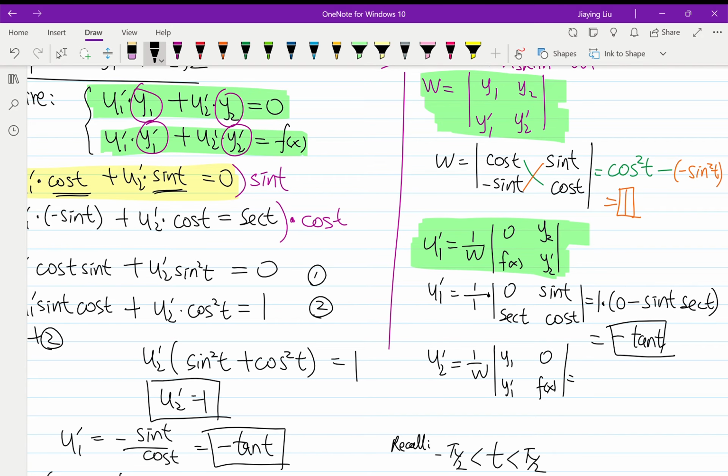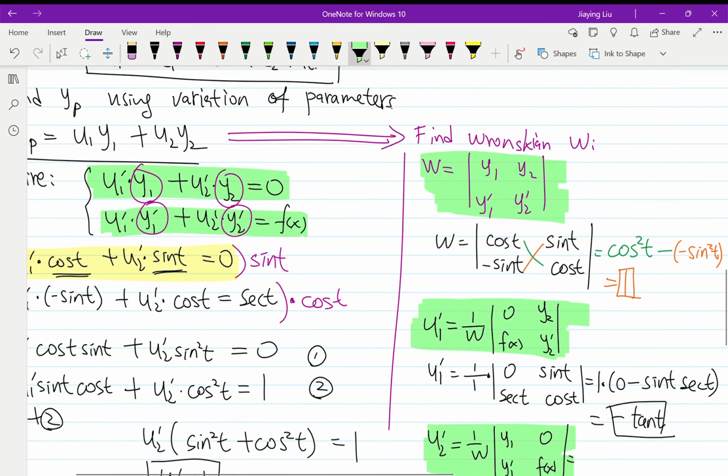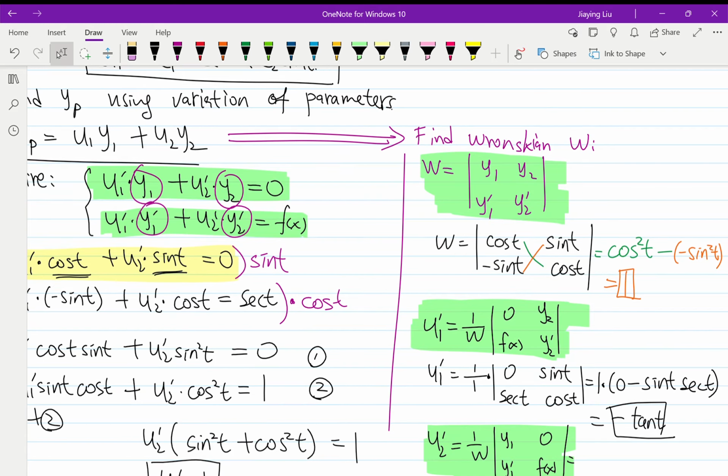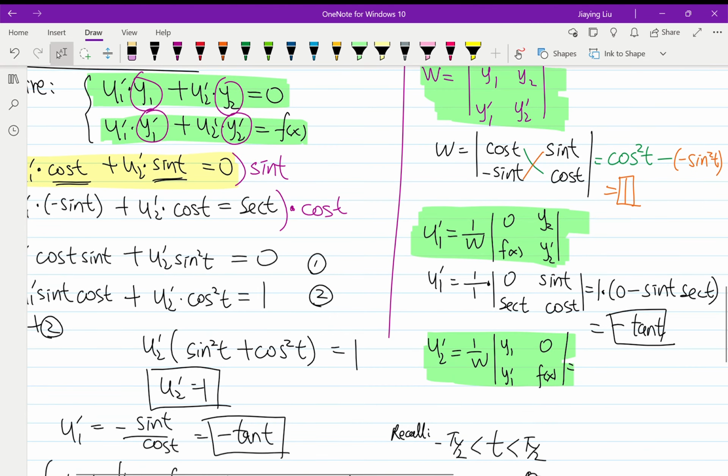And then from there you can plug in what we have and carry out the process. Either approach, as long as you get the correct setup, will take you to the right place, and then you still have to integrate after you find u1 prime and u2 prime.